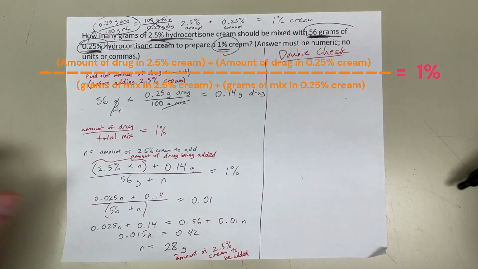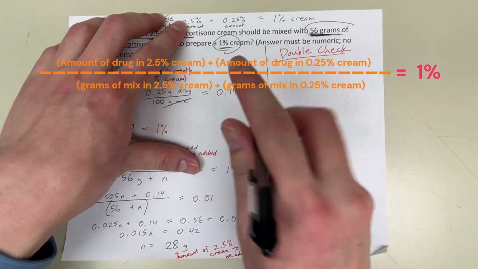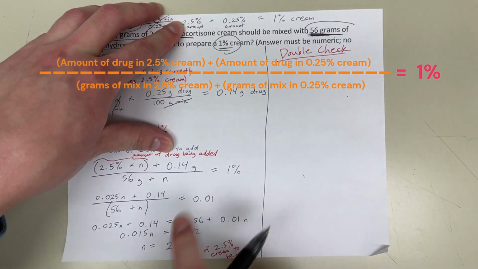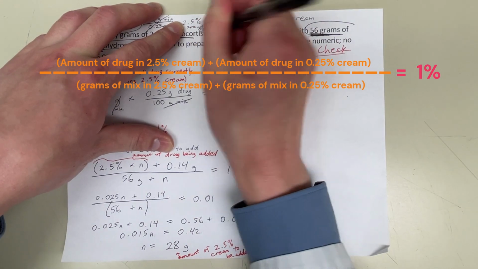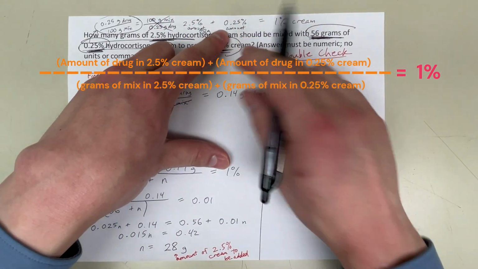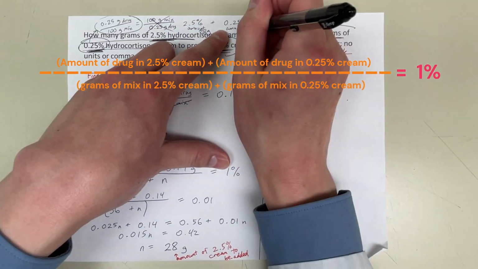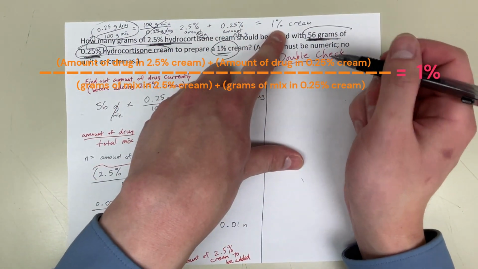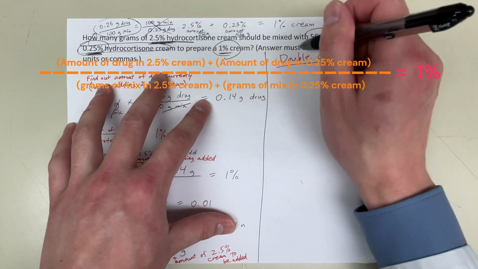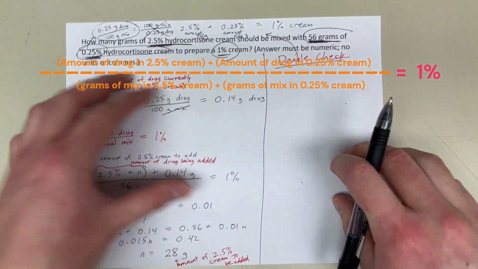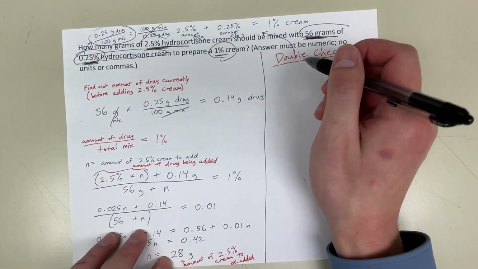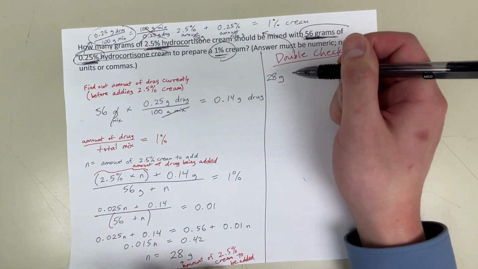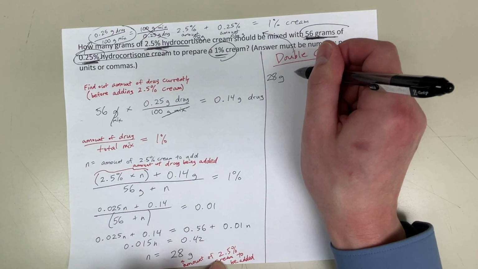So I'm basically doing this. The 2.5% amount is what I calculated to be 28 grams, and the 0.25% amount I already know is 56 grams. I'm going to see if it adds up to 1% cream. So I have 28 grams here, which represents the amount of the 2.5% cream that I'm adding.